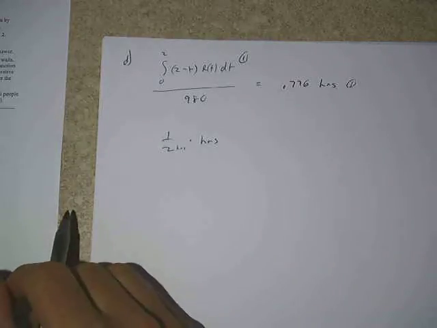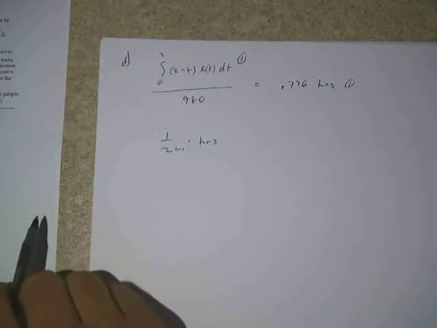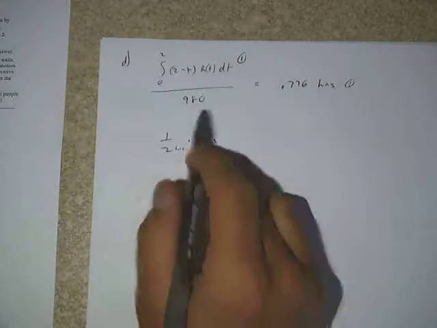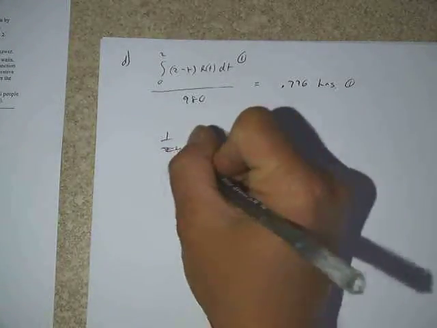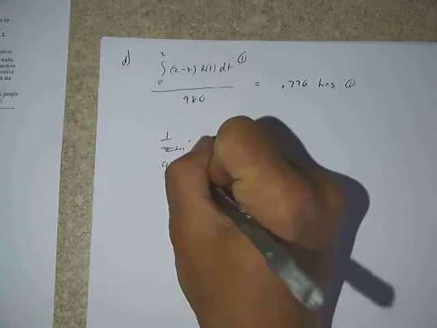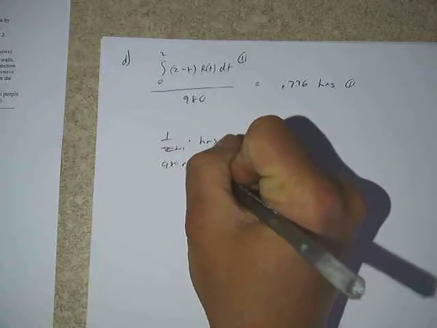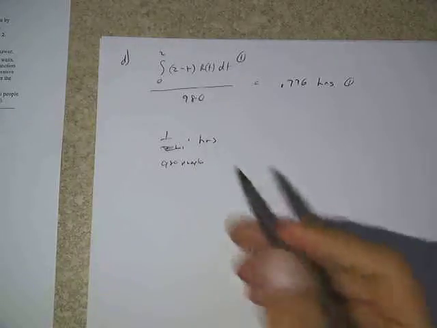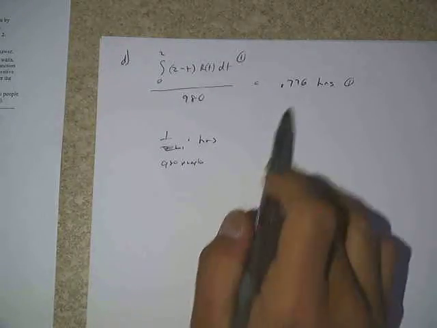But this is 2 hours. What would the units be if you multiplied 1 over hours times hours? Wouldn't be any, would there? So would it make sense to multiply by 1/2? No, because ultimately we want the average wait time.